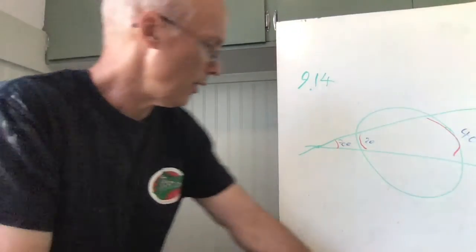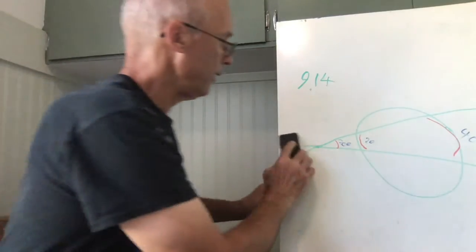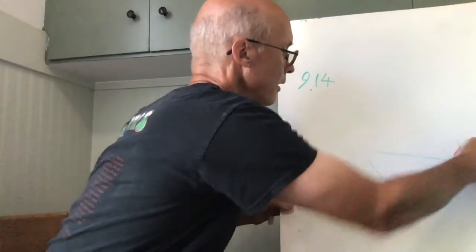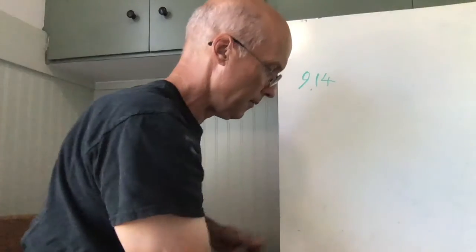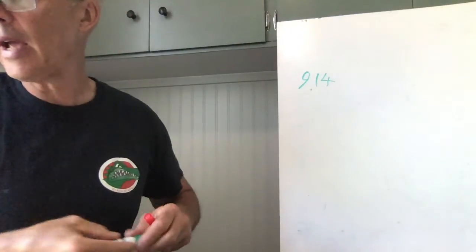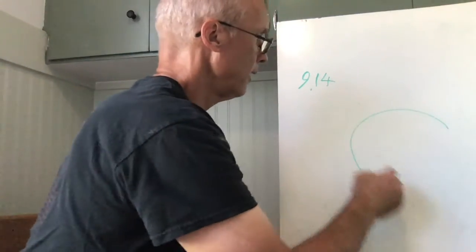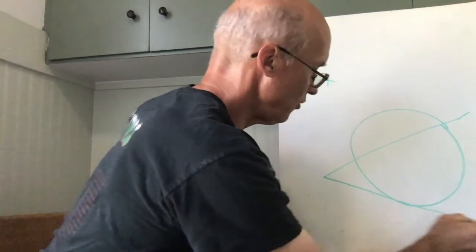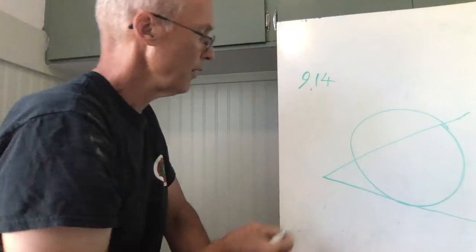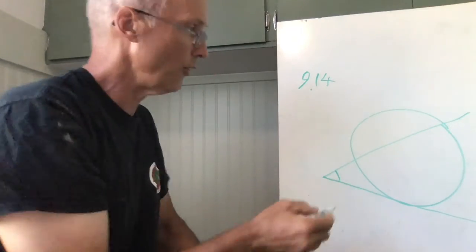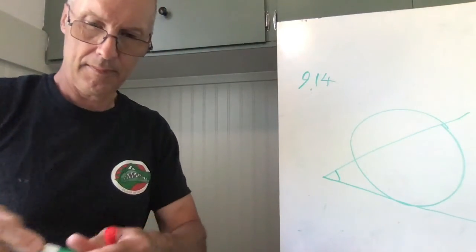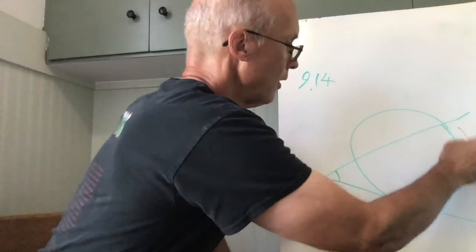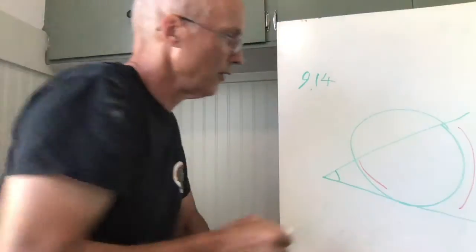Now, if I drew this a little bit differently, and you had a secant and then a tangent, it's going to be the same thing. This angle is going to be this minus this.